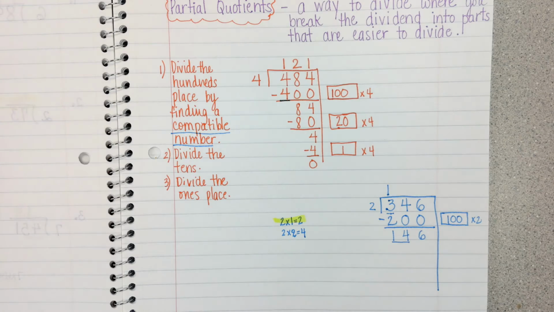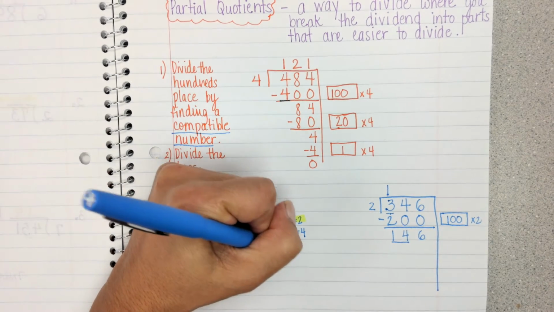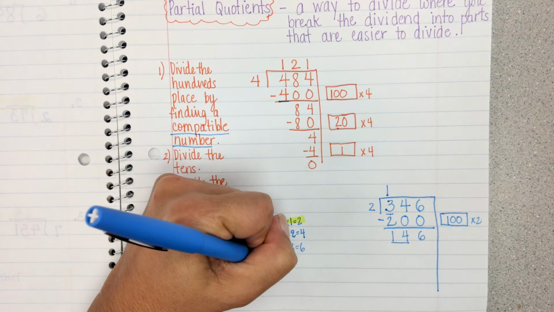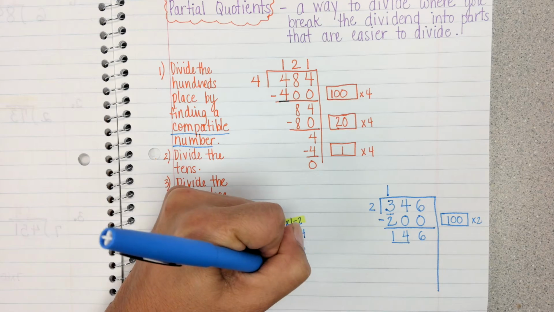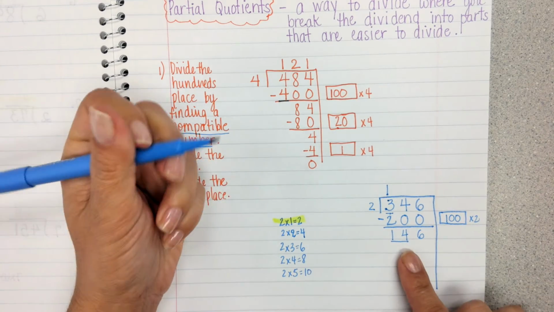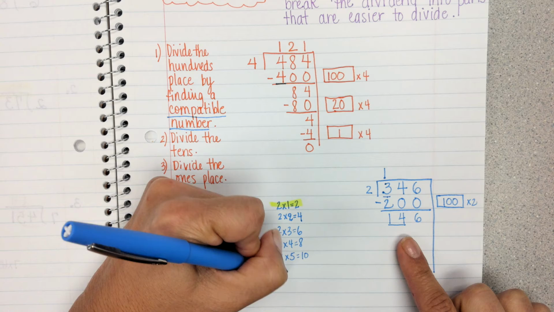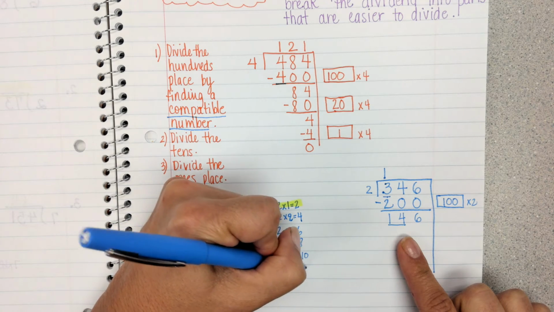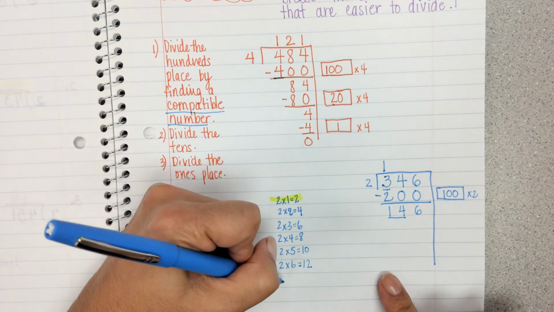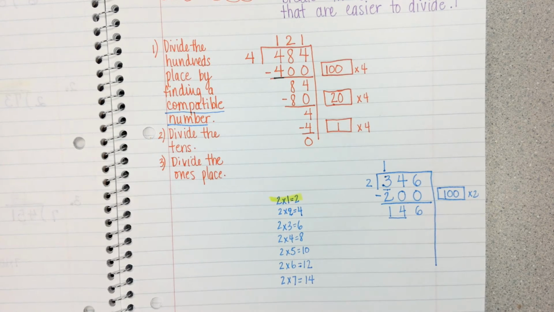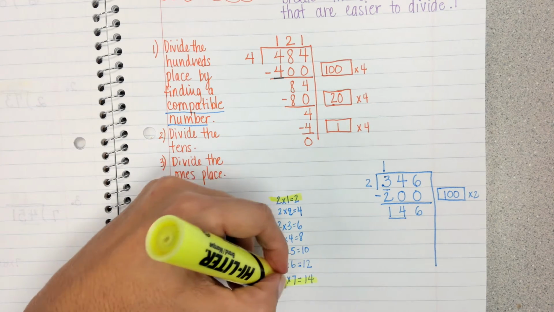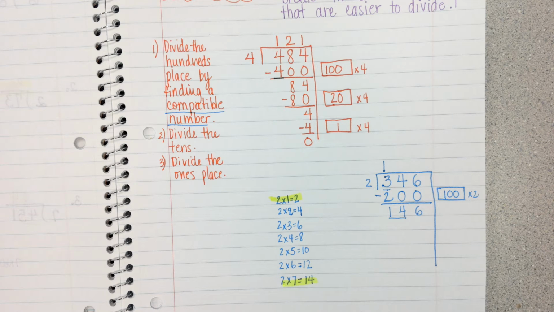So let's keep writing our multiples of 2. 2 times 3, 2 times 4, 2 times 5, till we get to around 14. 2 times 6, that's close. 2 times 7, bullseye. We don't need to go any further. Again, this is the basic fact. We just need to plug in a couple of zeros so that it works.